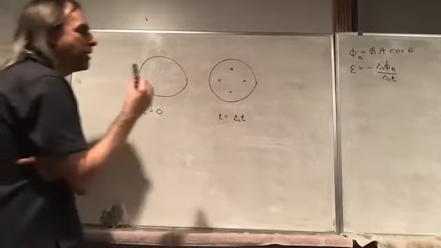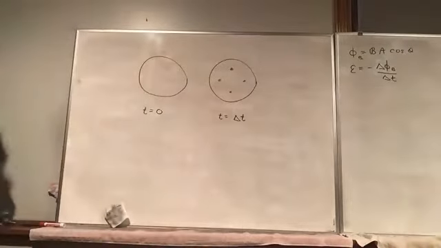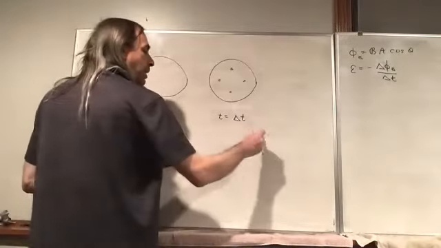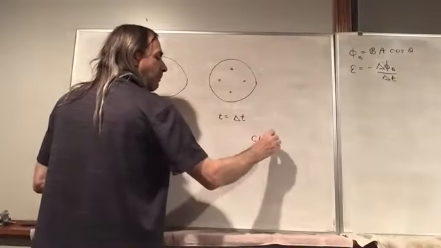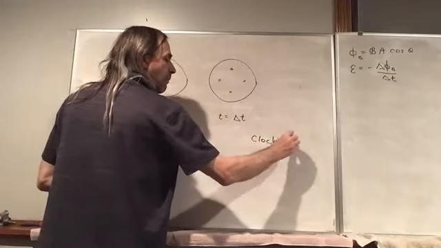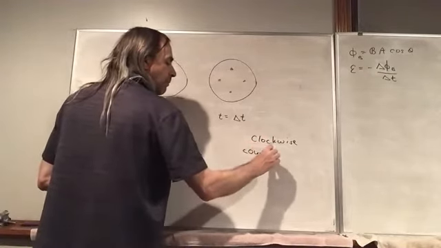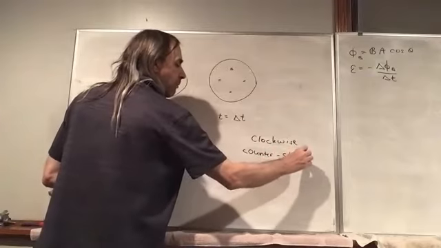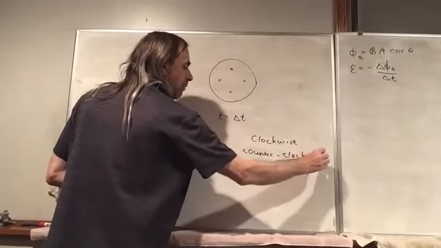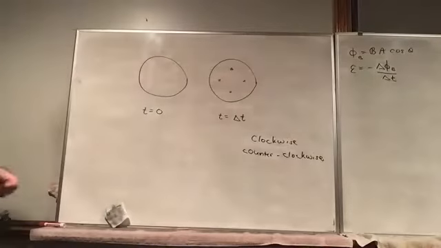And we want to know what direction the current is going to be. So is the current going to be clockwise or counterclockwise? Again, you could do that just with Faraday's law and that minus sign, but it's often easier to just use Lenz's law.